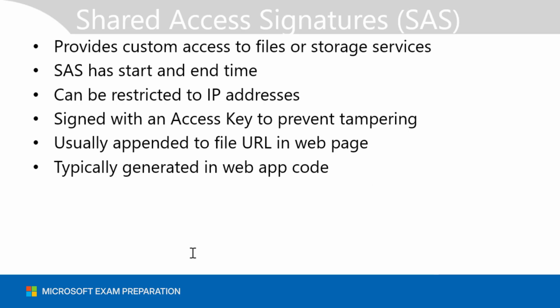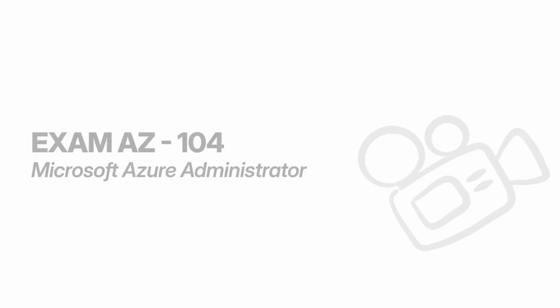They can be generated in the portal, but often, again, they're done in web application code, so developers can easily write a few lines of code to generate these and append them to a blob that ends up in an HTML page. Let me show you how to set those up in the portal.